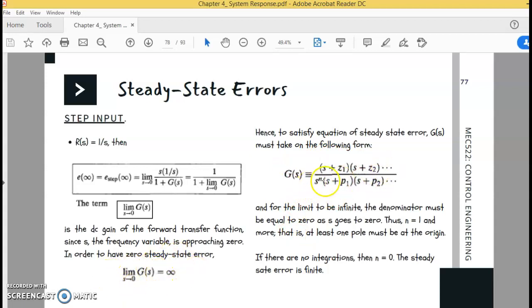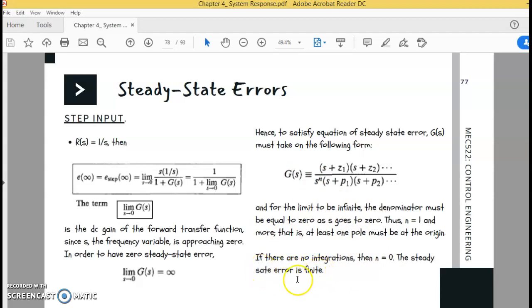You can put any number here, and finally the limit as s approaches 0 of G(s) equals infinity. Putting that in, 1 divided by 1 plus infinity, and 1 divided by infinity gives 0. So for type 1 and above, the steady state error for step input will be 0. But if there is no integration, so n equals 0, the steady state error is finite.